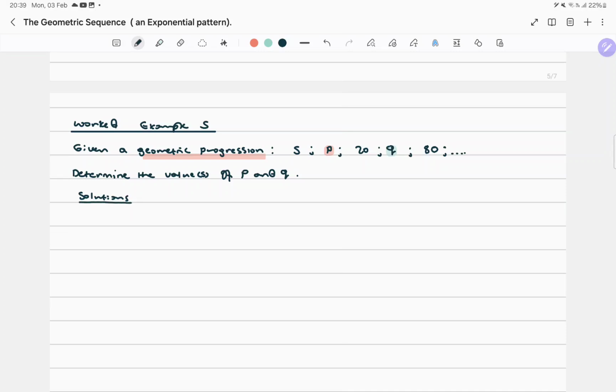Solutions. Now let's have a look. We know, guys, for a fact that technically P, maybe let's just say this is A. We know that P is going to be equal to plus or minus the square root of 5 times 20. Holy cross.